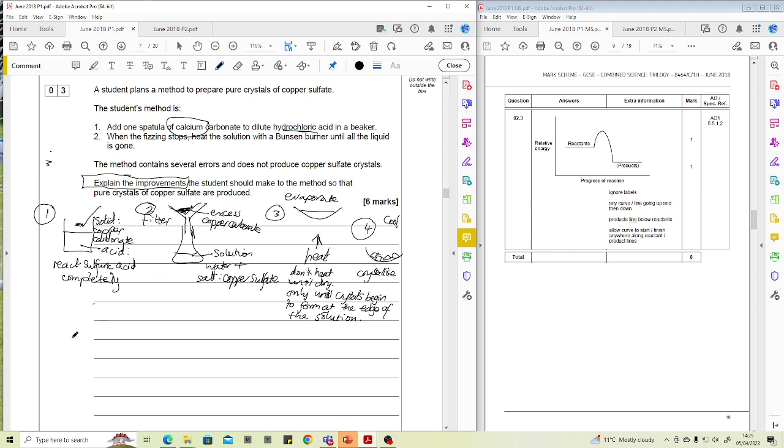So let's try and organise our answering using the numbering system that I've got here and just explaining what each improvement is step by step. So first of all, change to copper carbonate and sulfuric acid, so the correct salt is made.